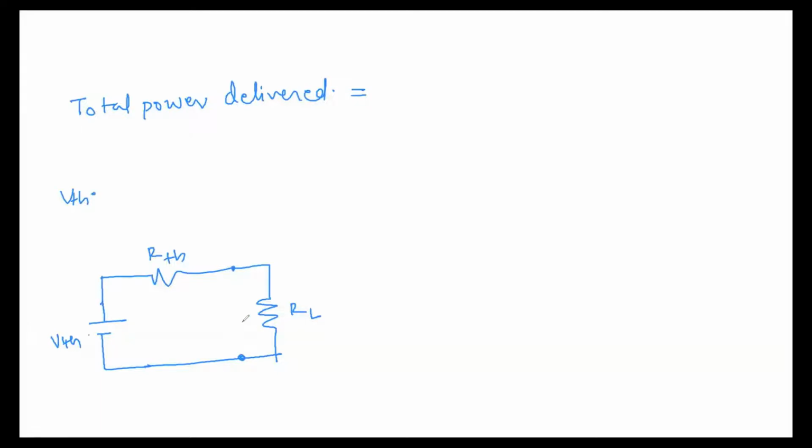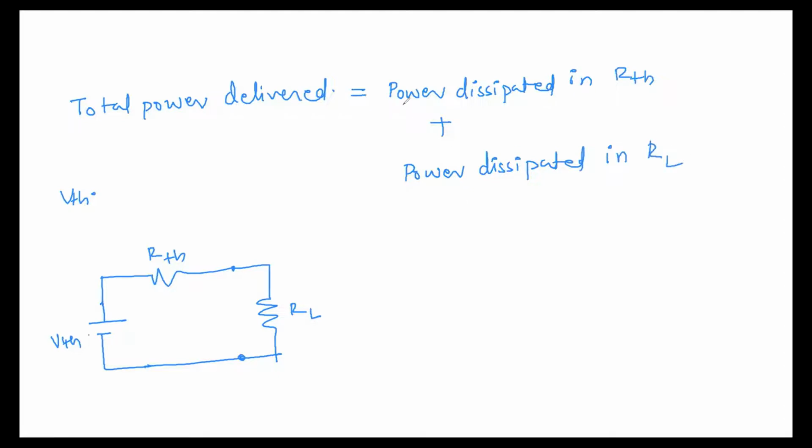Or you can take the power dissipated in RTH plus the power dissipated in RL. So this is the total power delivered. Yes or no? Total power delivered is equal to total power absorbed. Yes or no?